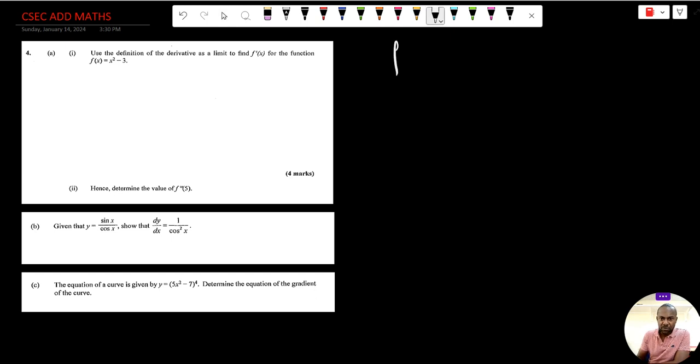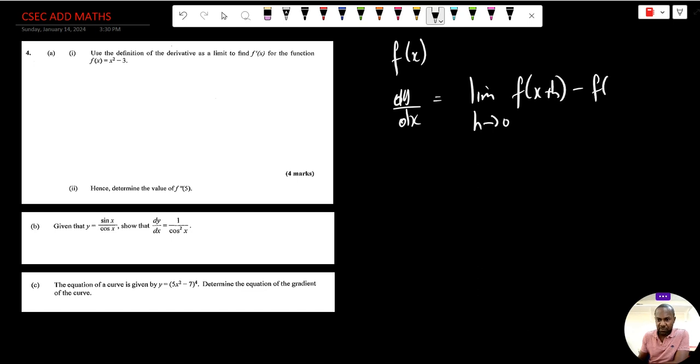We have some function f of x, and the derivative, let's call that dy by dx, is defined as such: the limit as h approaches 0 of f of x plus h minus f of x all over h. So this is how the derivative dy by dx is typically defined.